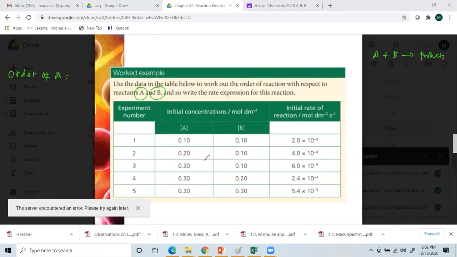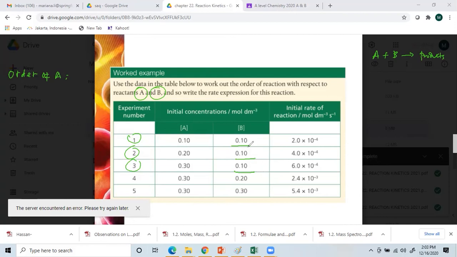So once again, if you want to find the order of A, you should find experimental data where B has constant concentration. So you can choose experiments 1 and 2, because B is the same, or experiments 1 and 3, or experiments 2 and 3. You can choose any, because this is the same.